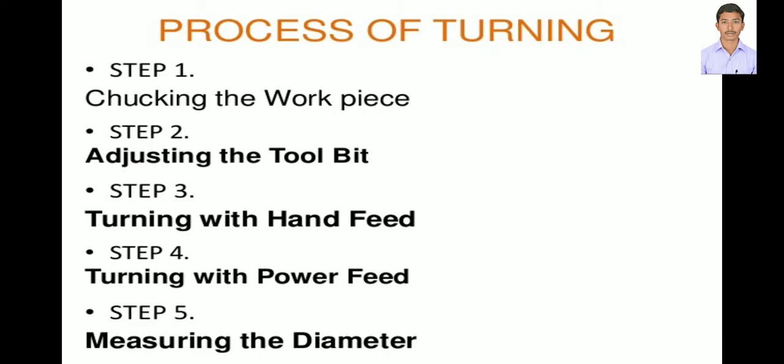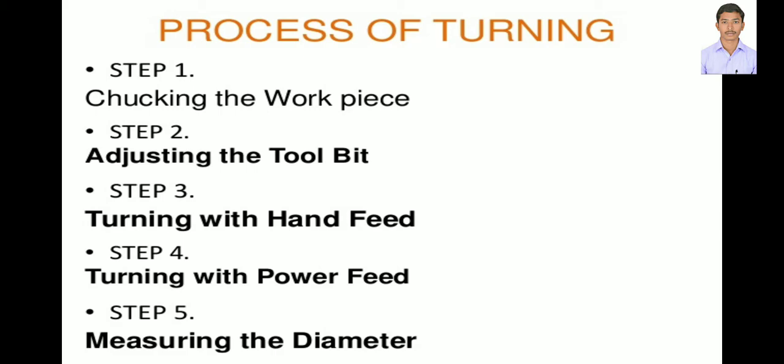So what is the process of turning? First, checking the workpiece. Whatever type of workpiece we are taking, it should be fixed on the lathe chuck. In chucks we use the 3-jaw chuck, 4-jaw chuck, and different types of chucks. First we fix the workpiece on the chuck. Second, adjust the tool bit.